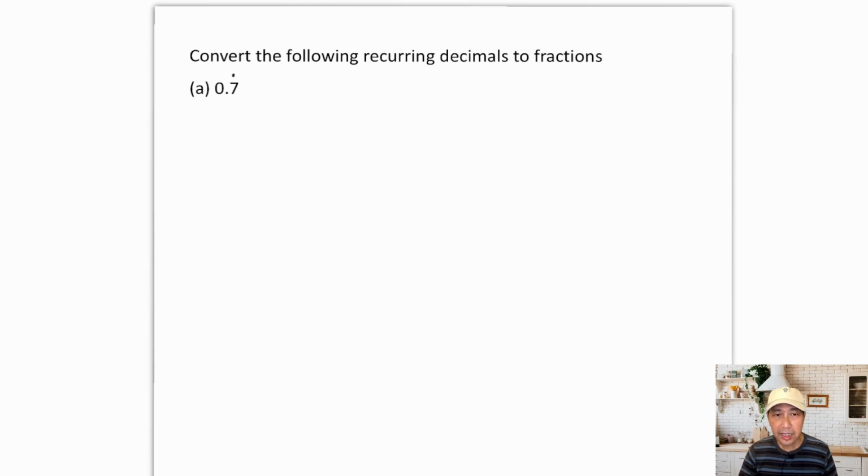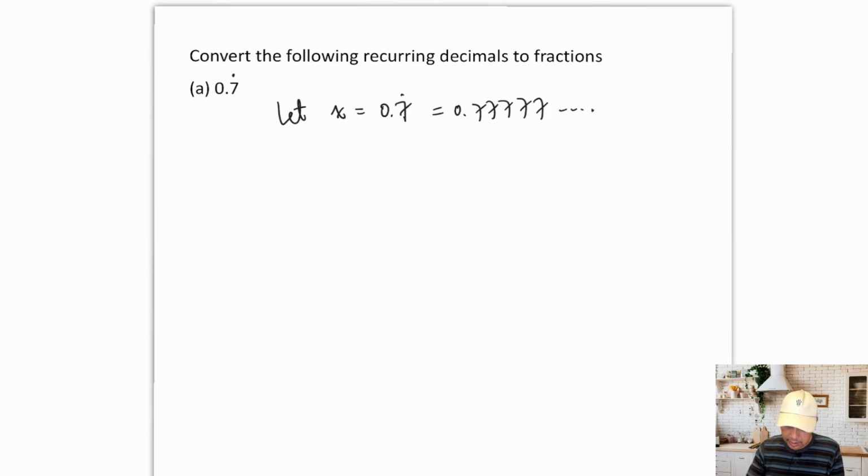Okay, the first one, we are going to convert 0.7 recurring into a fraction. To begin, we assume x is equal to 0.7 recurring. The meaning of 0.7 recurring is actually 0.77777, and we assume that is equation number 1.